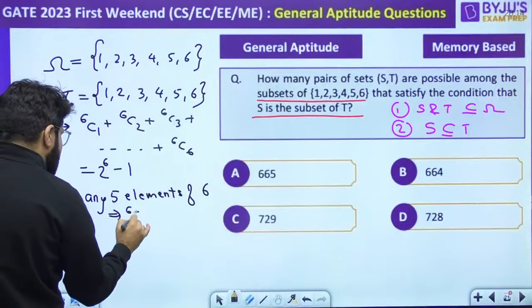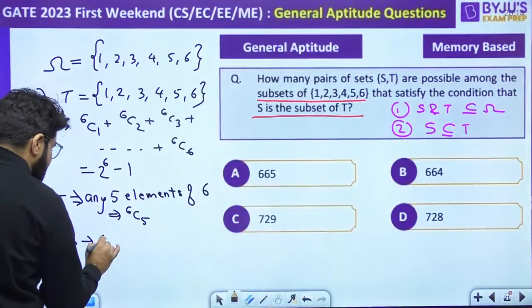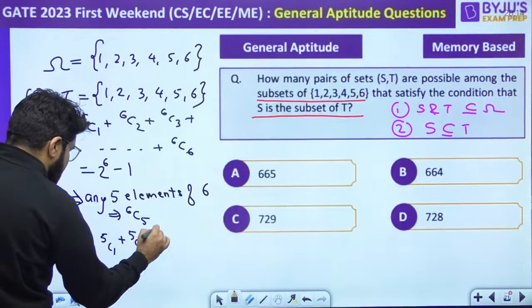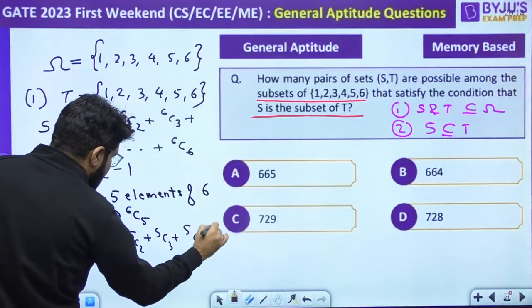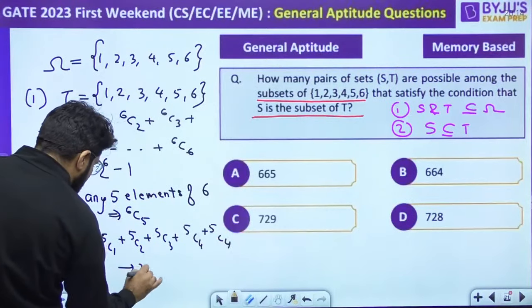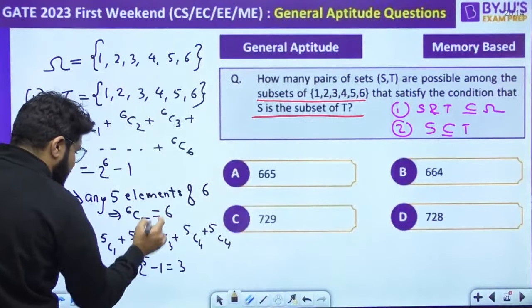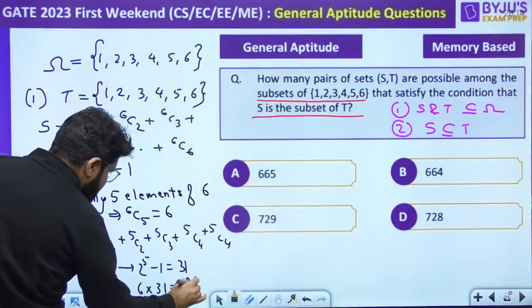So T itself can be selected in 6C5 ways, and then S can be selected in, there are 5 elements in T, right? So out of them 1 goes to S, 2 go to S, 3 go to S, 4 go to S, maybe all 5 go to S, and this is equal to 2 power 5 minus 1, that is 31. So 6C5 is equal to 6. Your answer will be 6 into 31, that is 186.